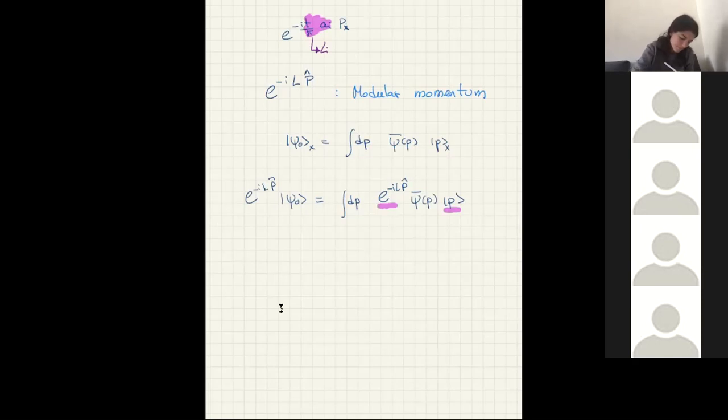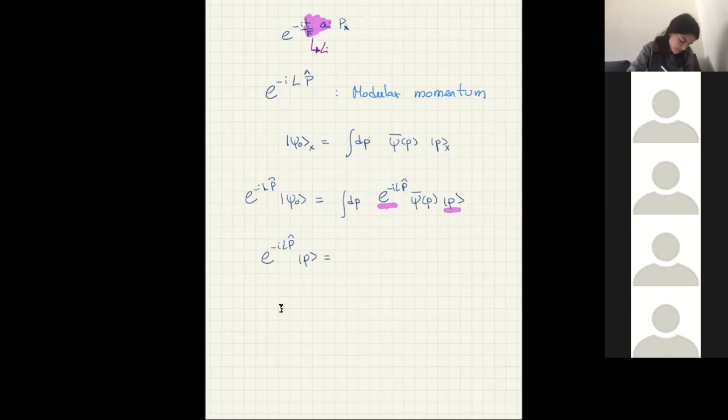So we have e to the minus i L p acting on |p>. And as per usual, we can just do the power expansion of this.